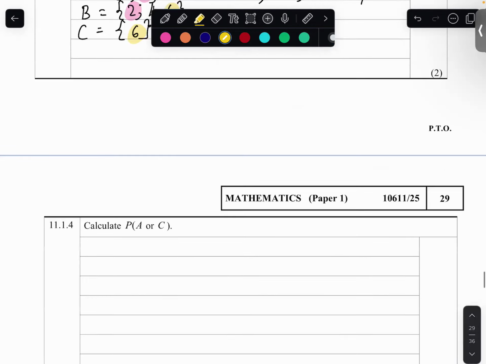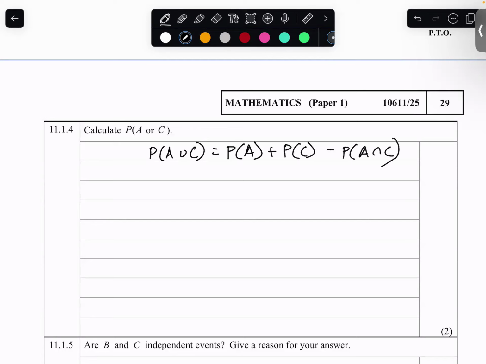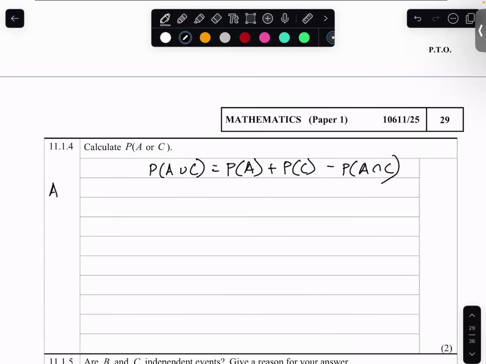Okay, next. Calculate the probability of A or C. This comes from our addition rule formula. The probability of A or C is equal to the probability of A plus the probability of C minus the probability of A and C. So for the probability of A and C, A's events are 1 and 2, and C's event is 6.